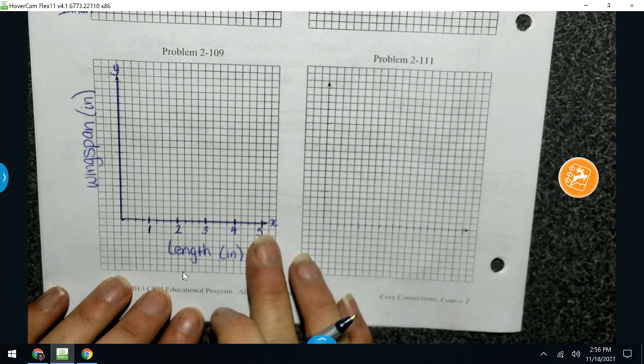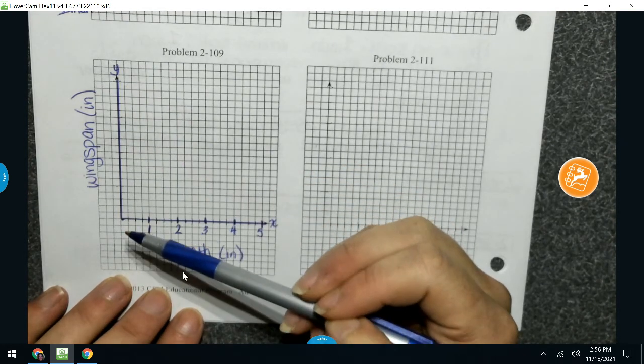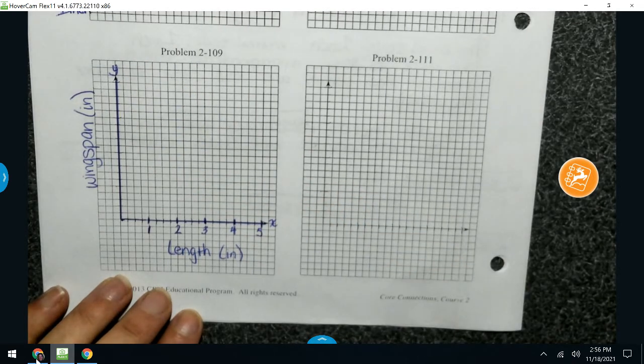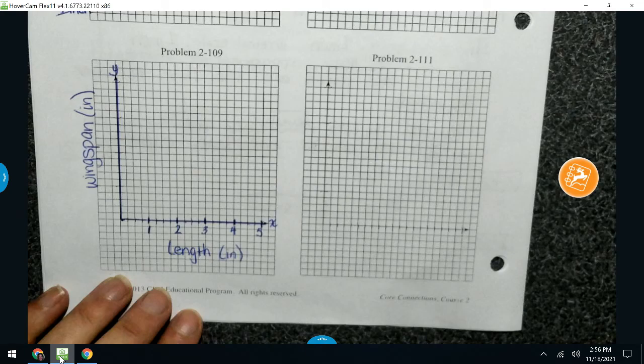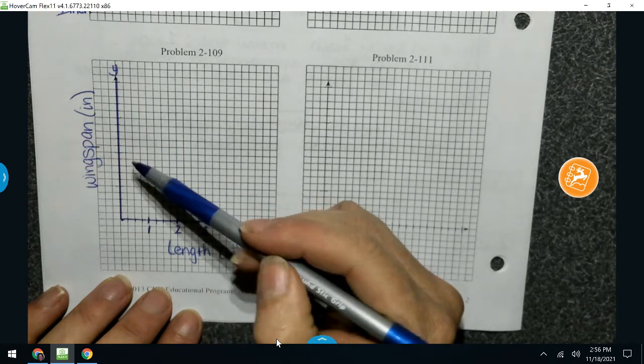So that's good. Now for this one here, I'm going to say that our scale cannot be the same. Remember, our maximum of this one is 14 and the minimum is 10. And when we look at this, there's only 20 spaces available.